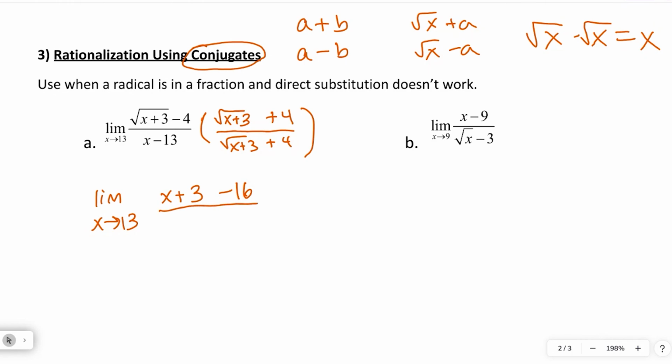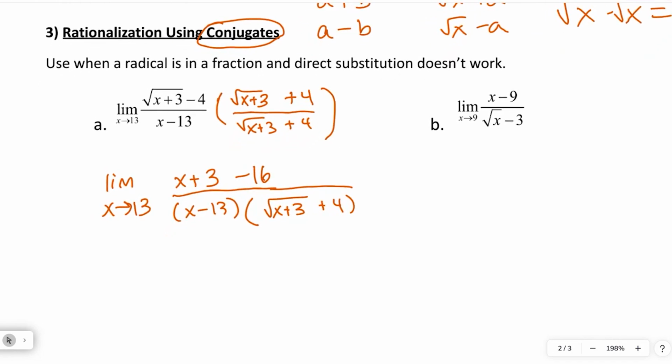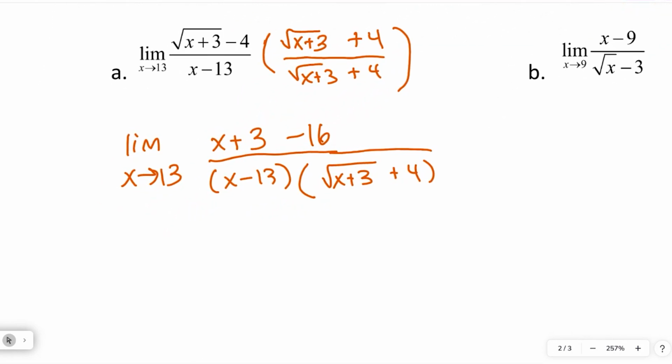So in the denominator, I'll have this x minus 13 times the square root of x plus 3 plus 4. How does the numerator simplify? What's 3 minus 16? Negative 13. Aha. This is what we want to happen.